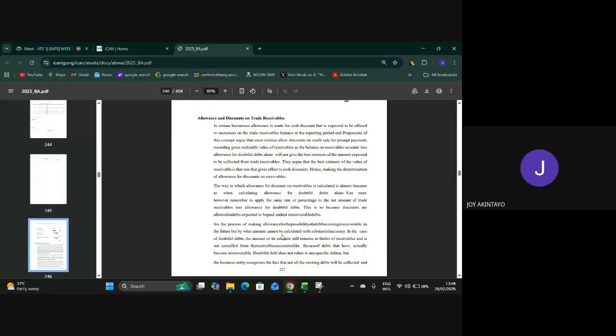Discount allowed is a form of reduction in the value of our receivables in order to encourage prompt payment of our money, to encourage the customer to pay on time. Since discount is a loss, we see it as a loss to the company.